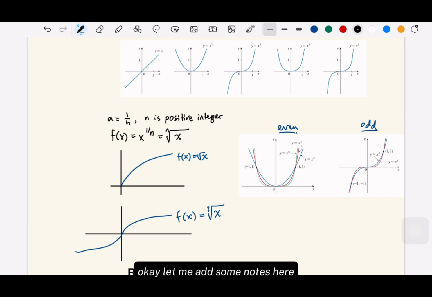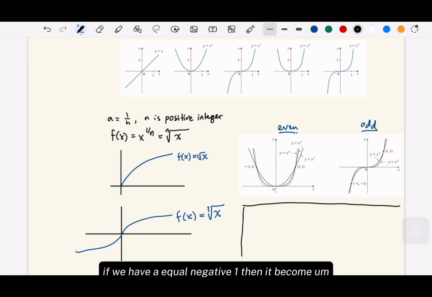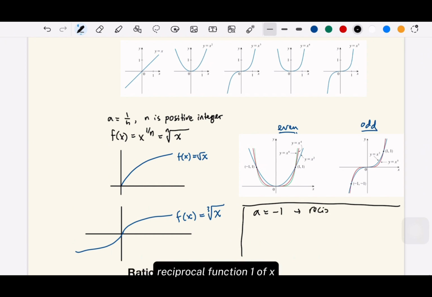Okay, let me add some notes here. If we have a equal -1, then it becomes the reciprocal function, 1 over x.